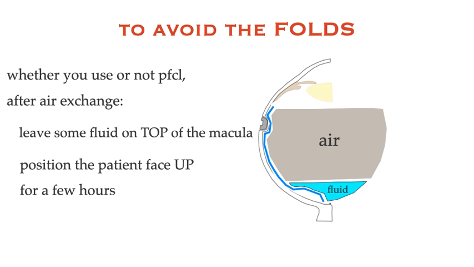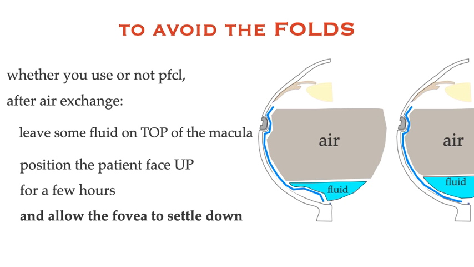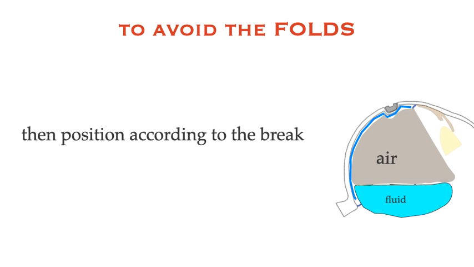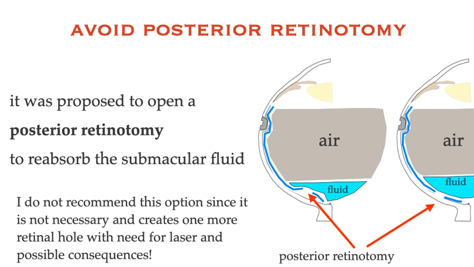So my advice to avoid the folds is that whether you use or do not use PFCL, after the air exchange, leave some fluid on top of the macula, position the patient face up for a few hours, and allow the fovea to settle down, as you see in the sketch on the right. Then position according to the break.